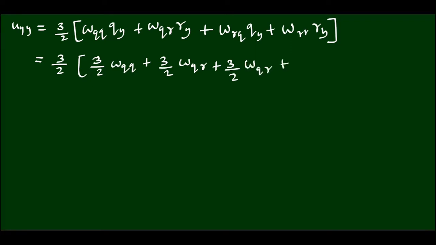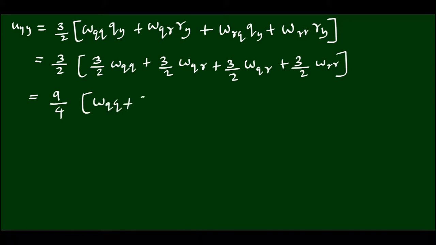Plus 3 by 2 times wrr. Taking 3 by 2 common, we will get 9 by 4 into wqq plus 2 times wqr plus wrr. So we have got the uyy.